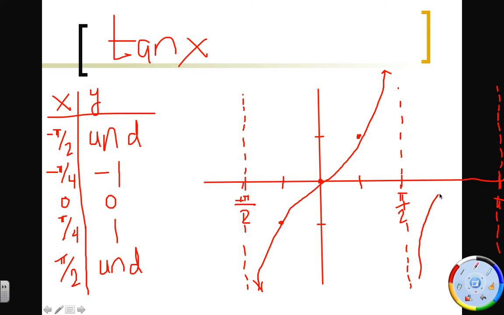You're going to get another piece that looks identical to the piece we just drew. What you want to notice is that the distance between negative pi halves and positive pi halves, the distance between two asymptotes, is pi, or 1 period away. So this is the period.